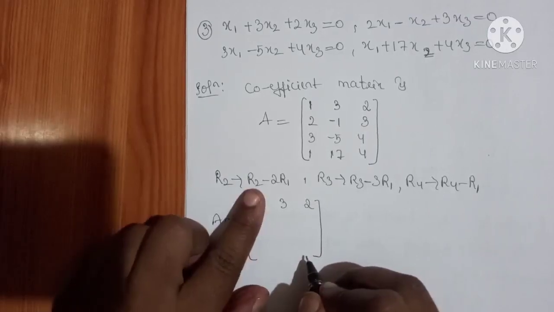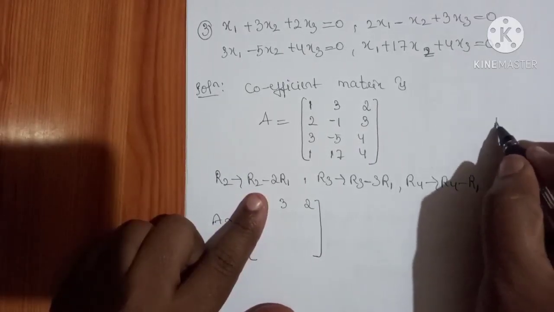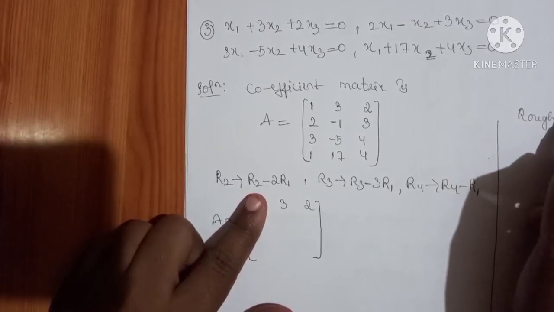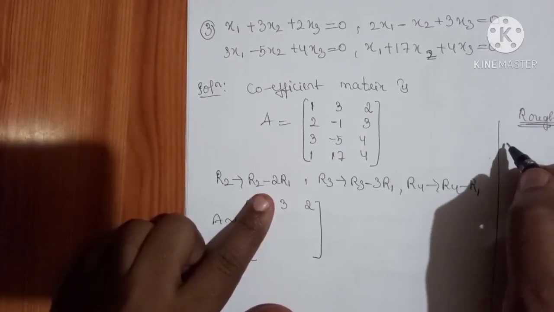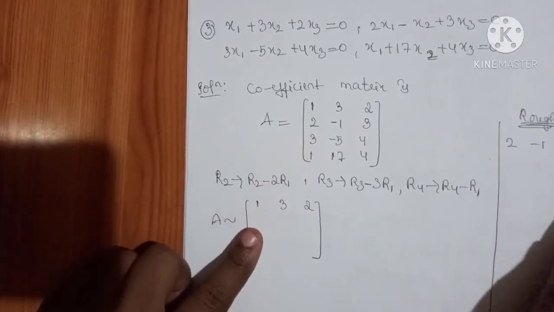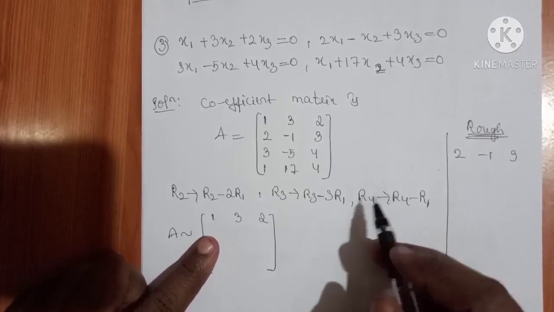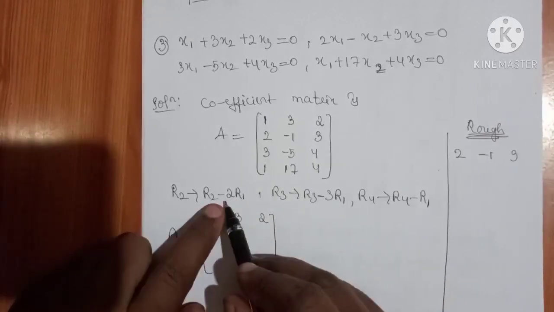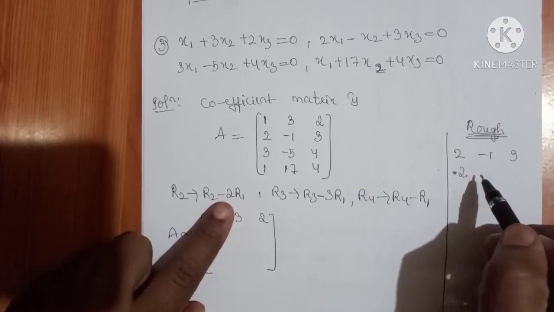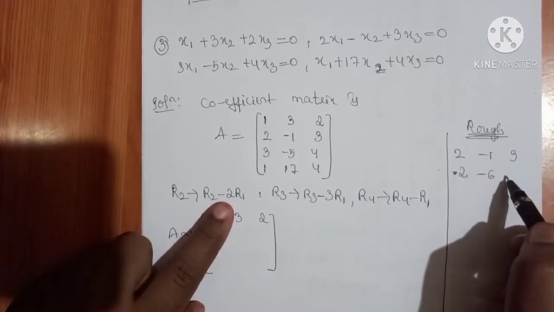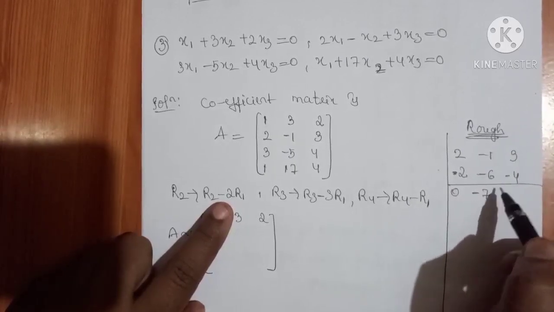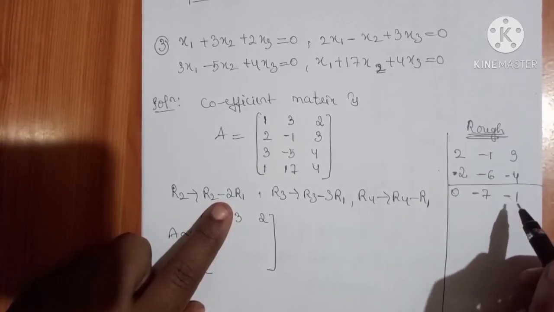Now to place the R2 elements, we do the rough work here. R2 elements are 2, minus 1, 3, and minus 2 into R1: minus 2 into 1 is minus 2, minus 6, minus 4. We get 0, minus 7, minus 1.